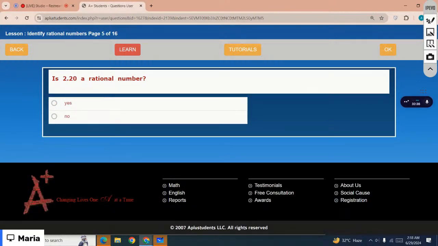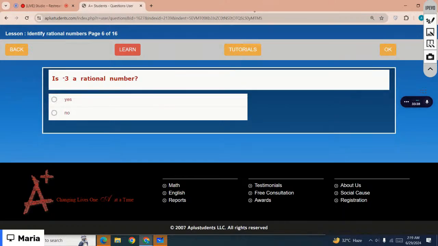Is 2.20 a rational number, which is the correct option? The correct option is yes, that is a rational number.